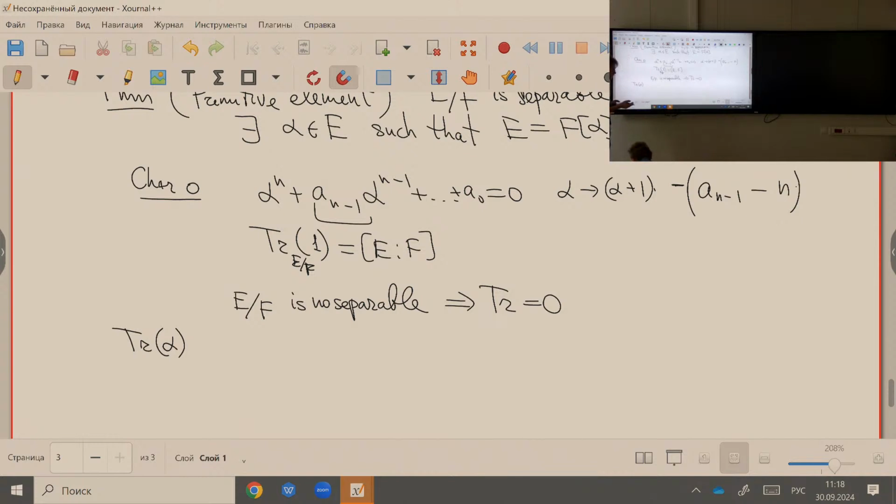Either alpha is already non-separable, so alpha can be non-separable.